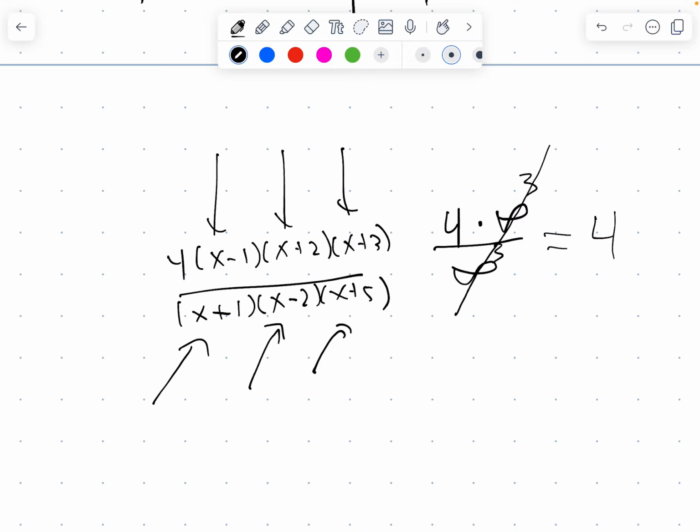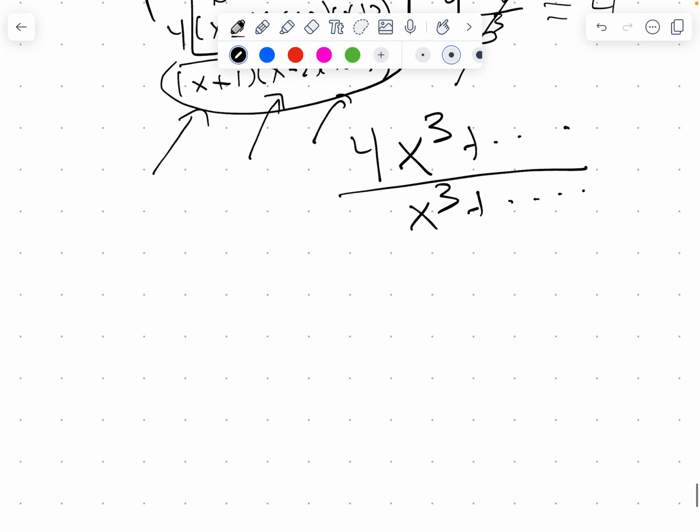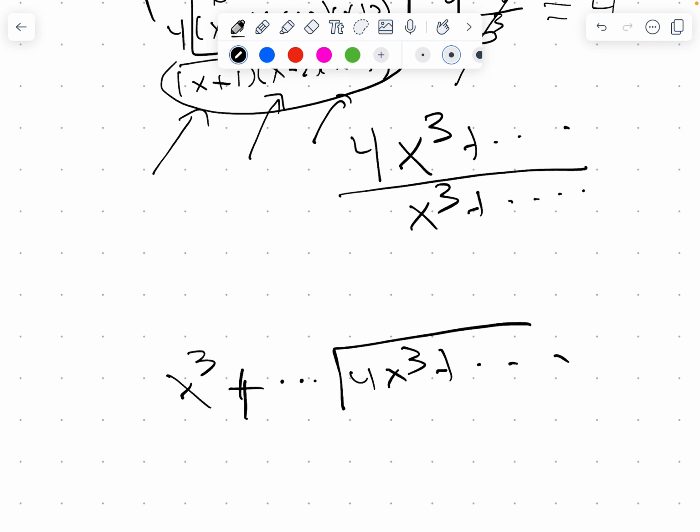Basically, the thing to take away is if I multiply all of these out, I end up getting x cubed with a bunch of things. On the bottom, if I multiply all of these out, I get x cubed plus something, something. This has a 4, so the 4 is going to hit that. If you did long division, it's going to be x cubed and a bunch of stuff into 4x cubed and a bunch of stuff. That's going to be 4, and you multiply that back, and you do your whole thing, and then you're going to be 4 plus something.